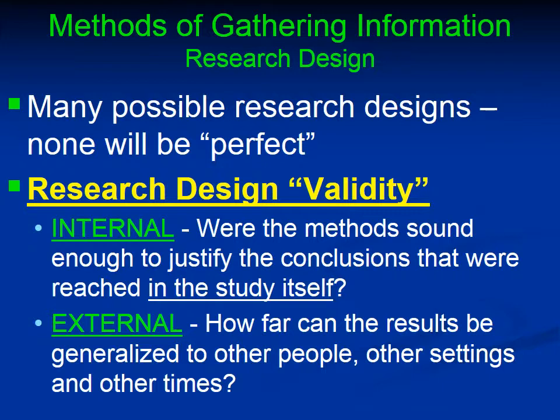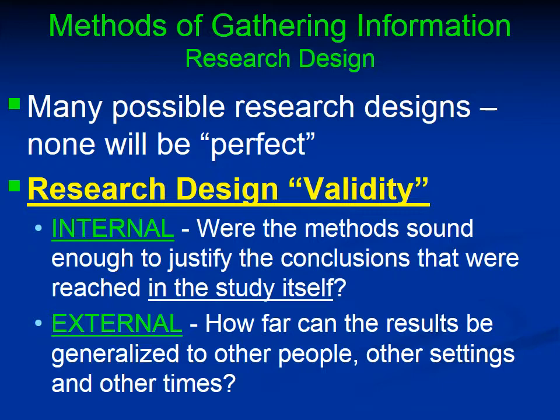Now, ideally, a great research design will allow you to maximize both of these, but very often one or the other gets slightly compromised. So internal validity just refers to the validity of a study on its own terms, sort of within the four corners of the study. Were the methods sound enough to justify the conclusions that were reached in the study itself?